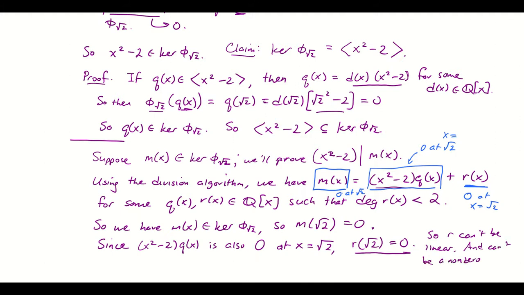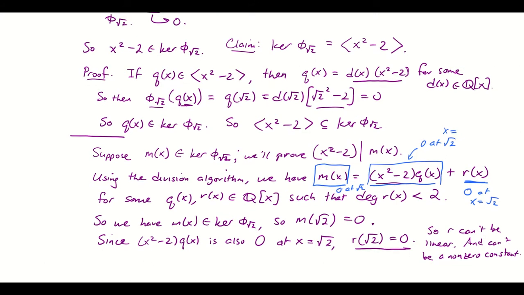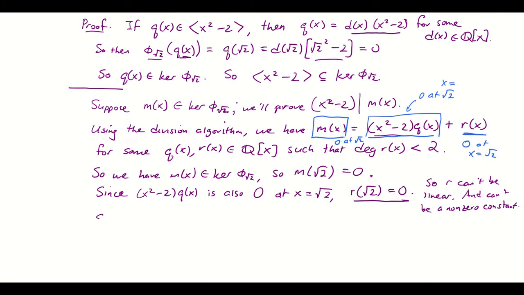So what's left? A 0 constant. That's the only thing that's left. If we're less than quadratic, can't be linear, can't be a non-zero constant, that means that r of x has to be just the 0 polynomial. Okay, so therefore, m of x is equal to x squared minus 2 times q of x, and that's that.